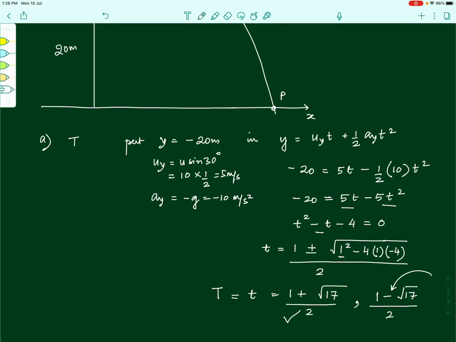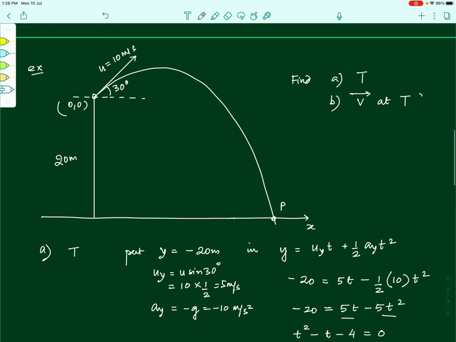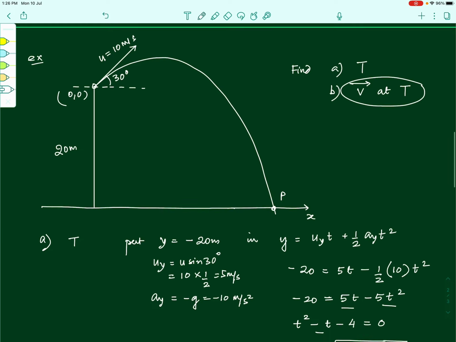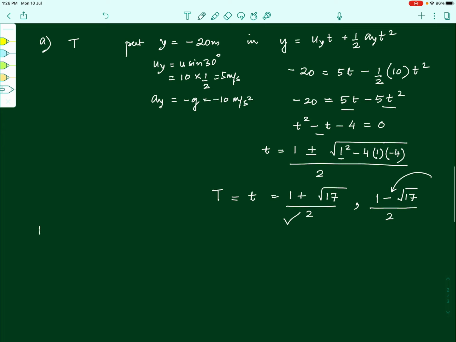Once we have obtained the time of flight, now we can find out the velocity at that time by using the same basic equations for finding out v, the final velocity, when u and t are given to us, right. So, for the second part of the question, velocity vector v, which can in general be written as vx i cap plus vy j cap, we can find out vx and vy separately.